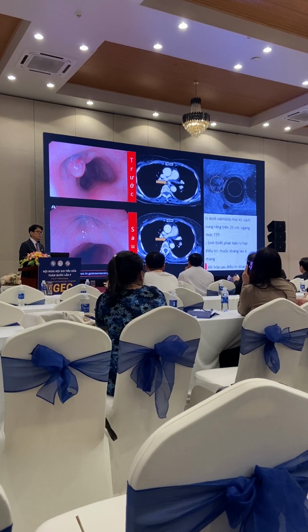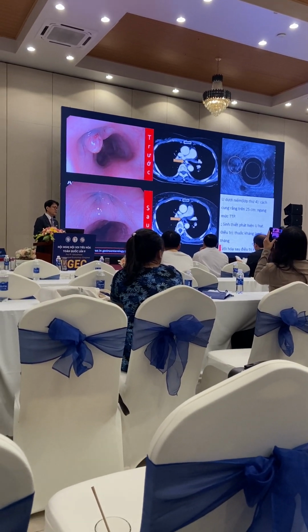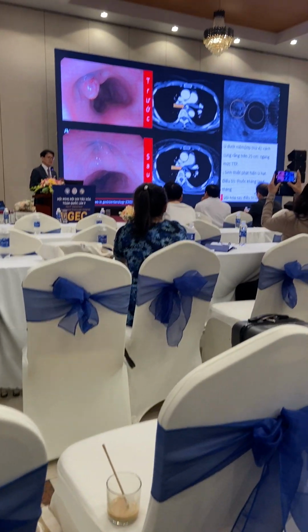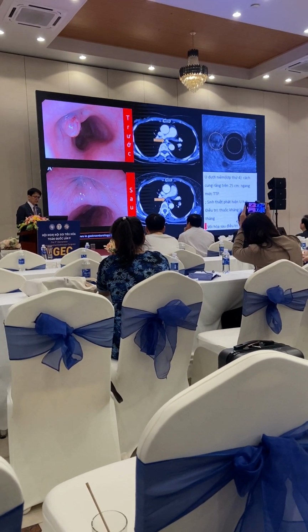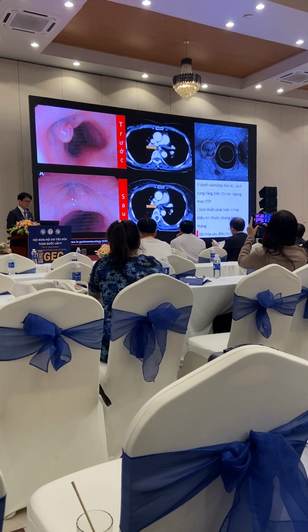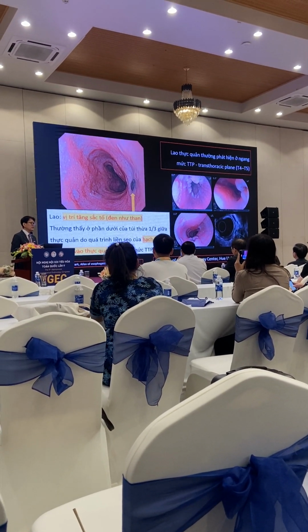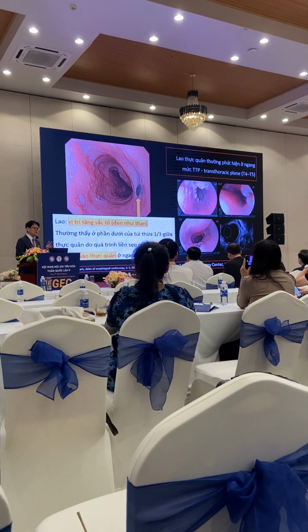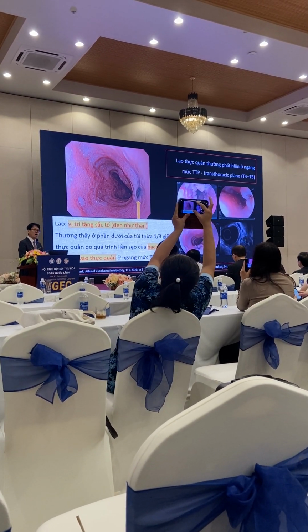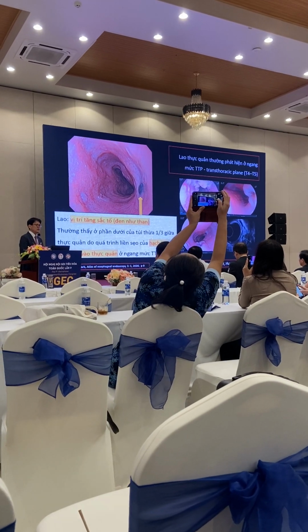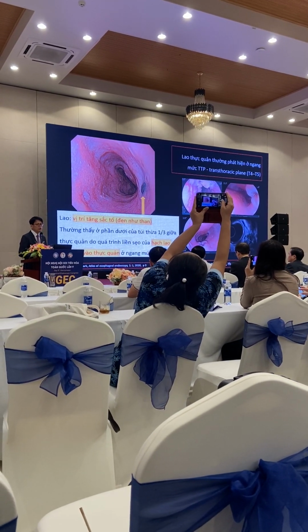All layers, from mucosa, submucosa, muscle, and then adventitia, are outpouching. And sometimes there are many interesting features. I occasionally found very dark spots, which we call anthracotic pigmentation. Sometimes there is a submucosal lesion there.